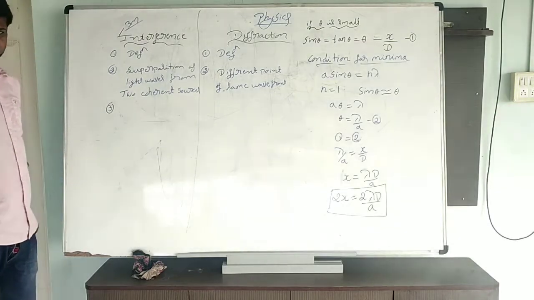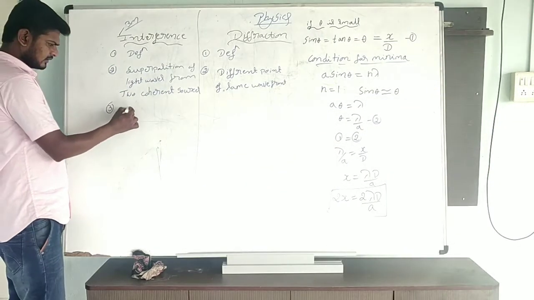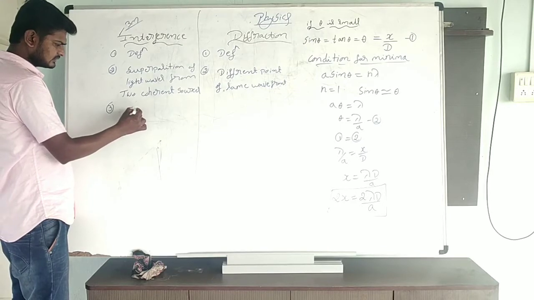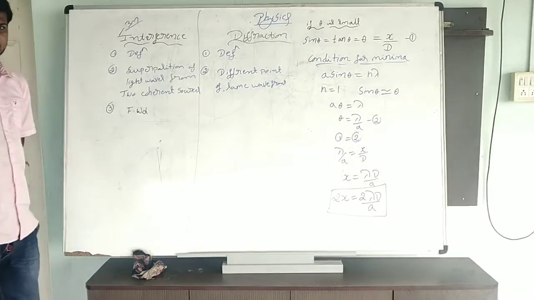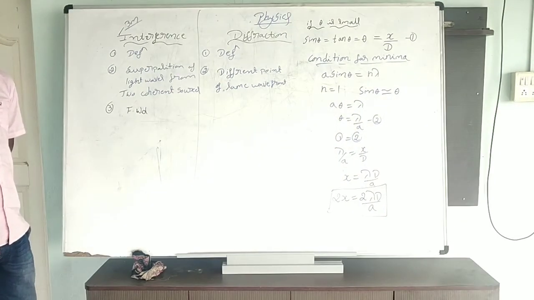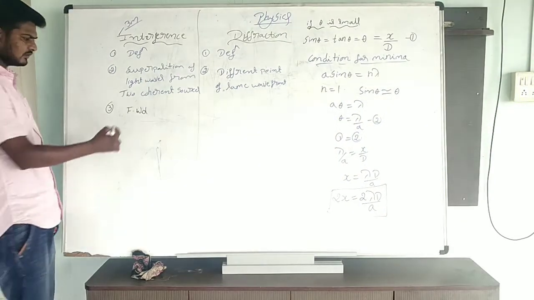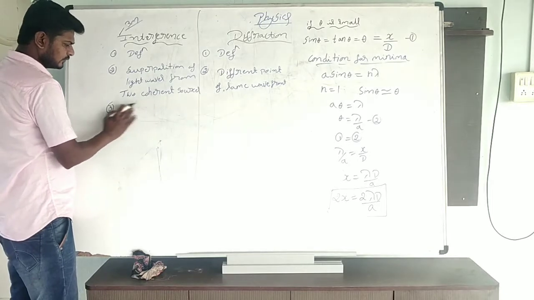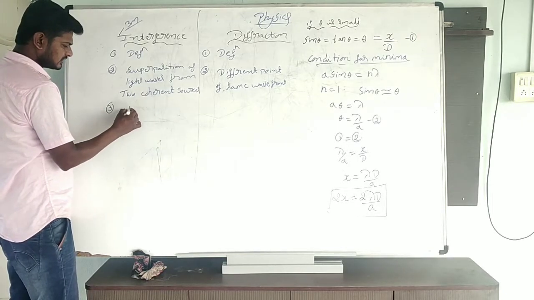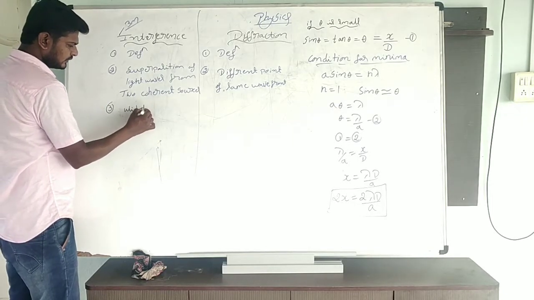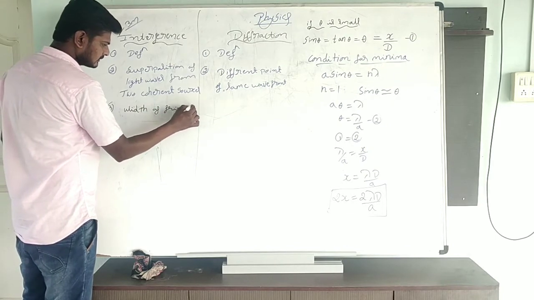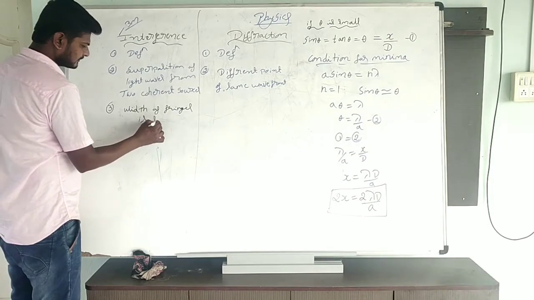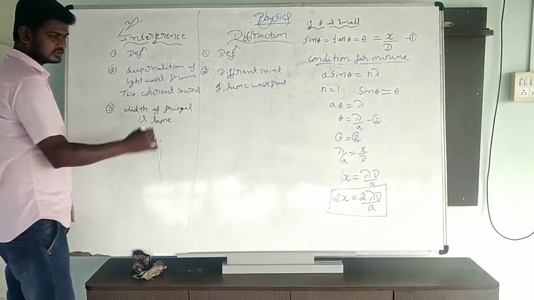Now, in interference, all the fringes have the same width. Means the width of the fringes is equal.